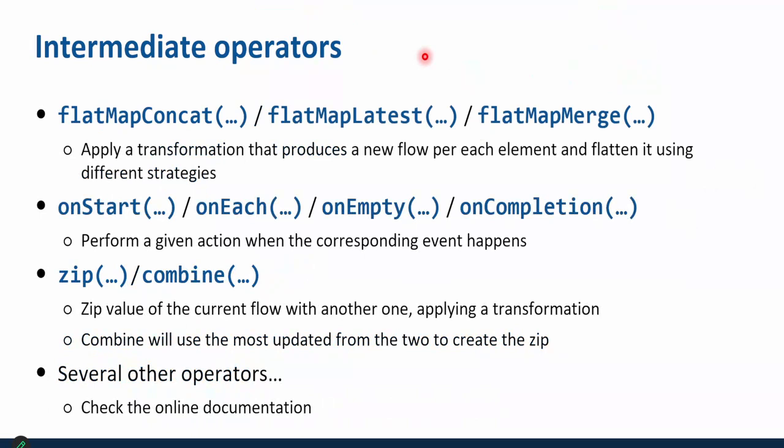Okay, let's go ahead. Other intermediate operators reserved for flows are the flatMap ones, which basically means that you squash the queue, and by squashing you still apply the plan, which is provided by the map lambda that you pass here.